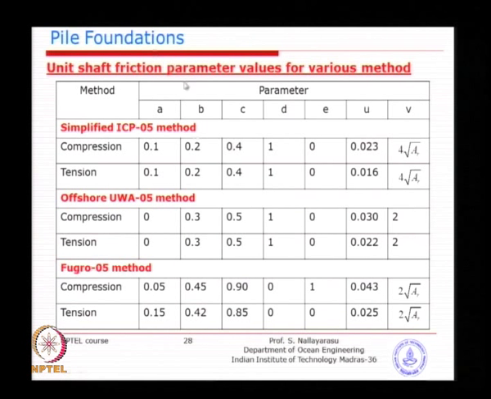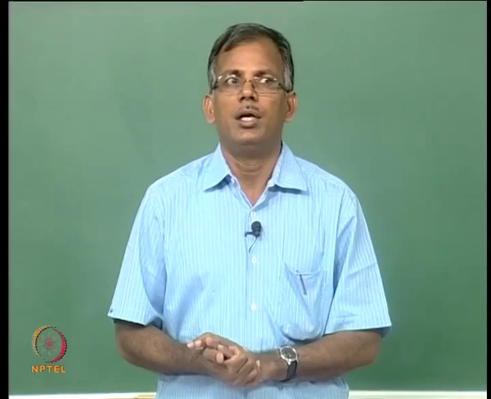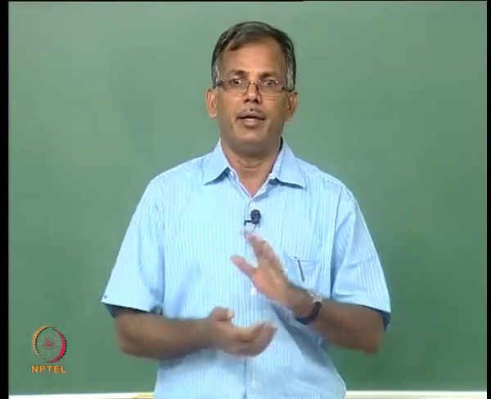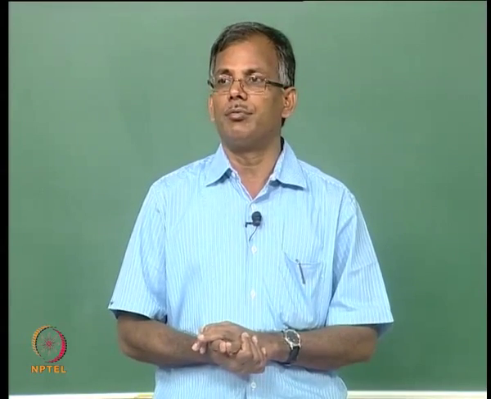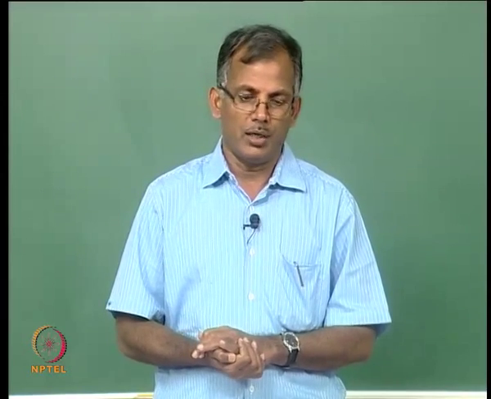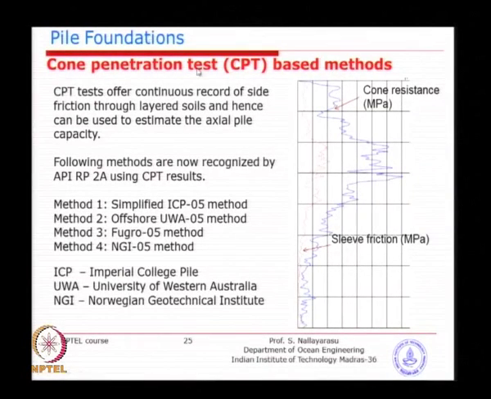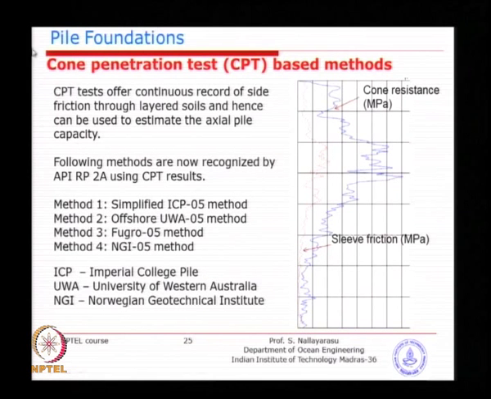These methods are now recognized as official methods which can be adopted by any design project, because API also recommends them, as long as your geotechnical profiles have the measured sleeve friction and the cone resistance.